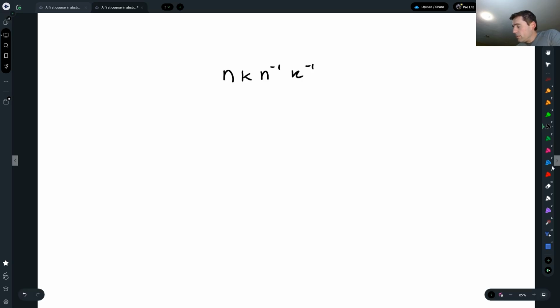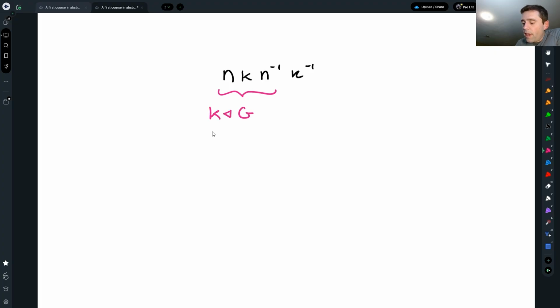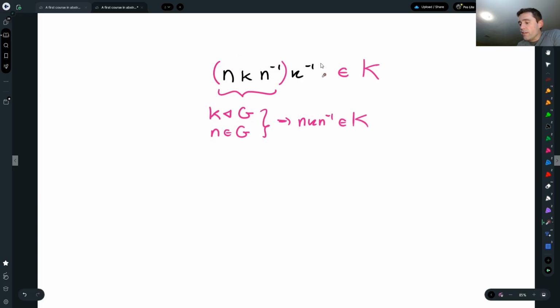Since K is normal in G and n is in G, that tells me that nkn inverse, so I'm going to put parentheses around this element here, nkn inverse has to also be in K. So this nkn inverse is in K, times k inverse, which is in K. Because if this is in K and this is in K, then the product will also be in K. So the upshot of this is that c, this commutator element, is in K.